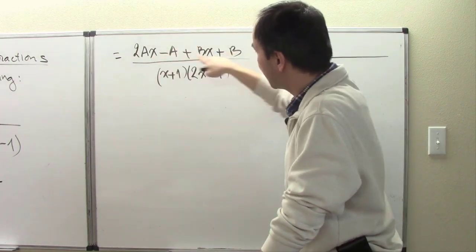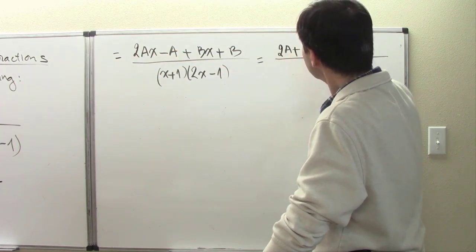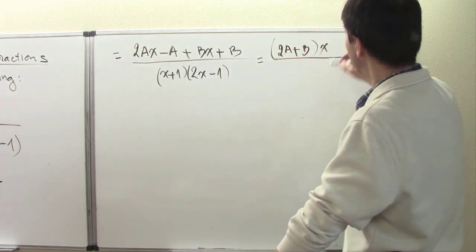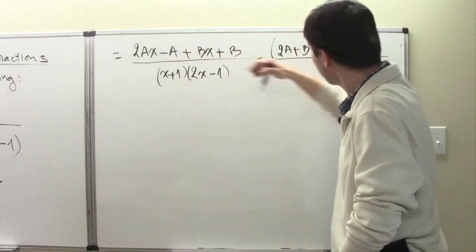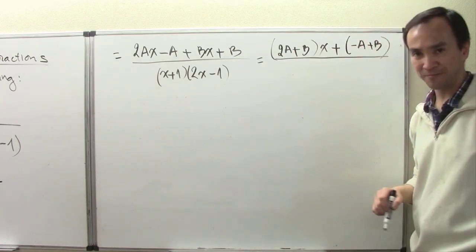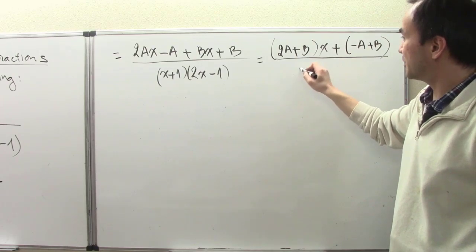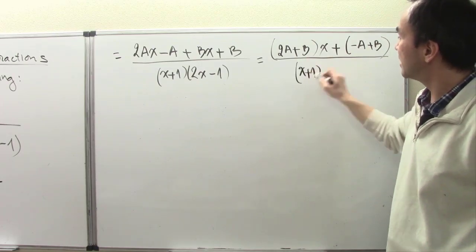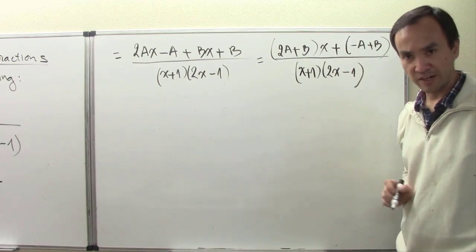So the x terms are here. We're looking at 2A plus B, that multiplies with x. And then now it's all about the constant. So minus A plus B, that's one term. That's why we put that in parentheses. So that's the coefficient, that's the constant term, over that x plus 1 times the 2x minus 1.